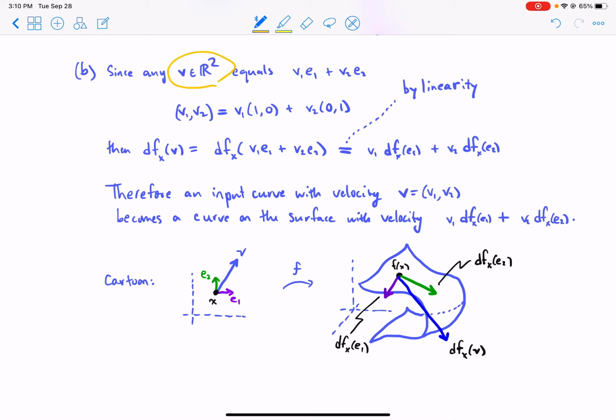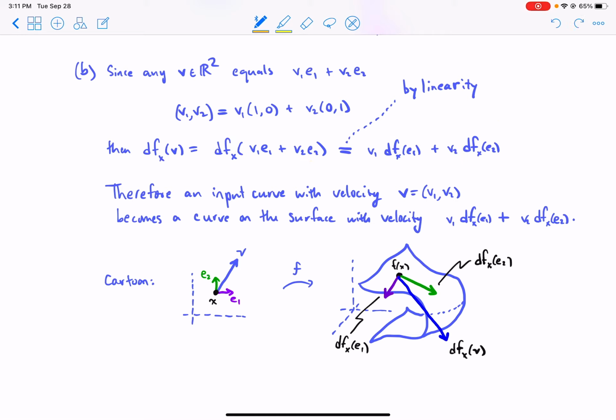Since any v in R2 is just a linear combination of those very special ones we looked at in part A, and because this derivative map is a linear map, it takes this linear combination to a linear combination of these special ones from part A. And so as soon as I know these, I know everything.